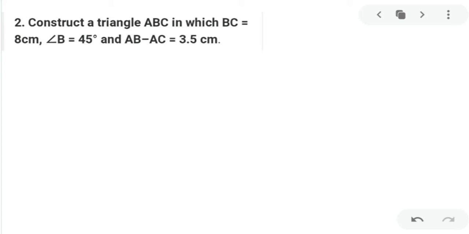In our next problem we have: construct a triangle ABC. BC is 8. So I'll take BC as 8. In that you have angle B as 45. So you have to make angle B as 45.